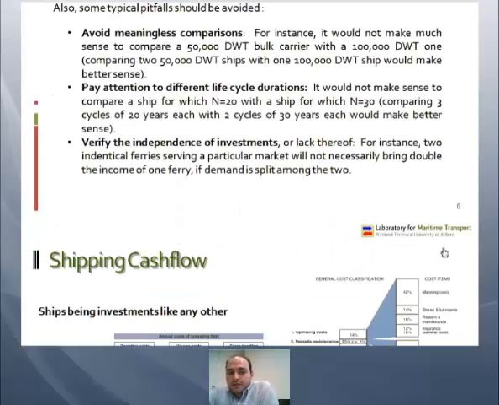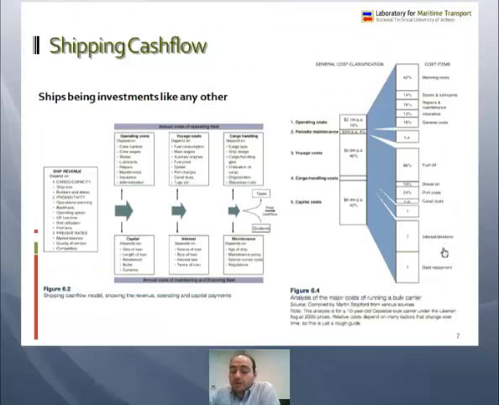As you can see, figure 6.2 comes from Stopford's textbook. It shows the various cost compartments of your investment. We have the operating cost, the voyage cost, the cargo handling costs, the capital cost, the interest cost, and the maintenance cost in general.